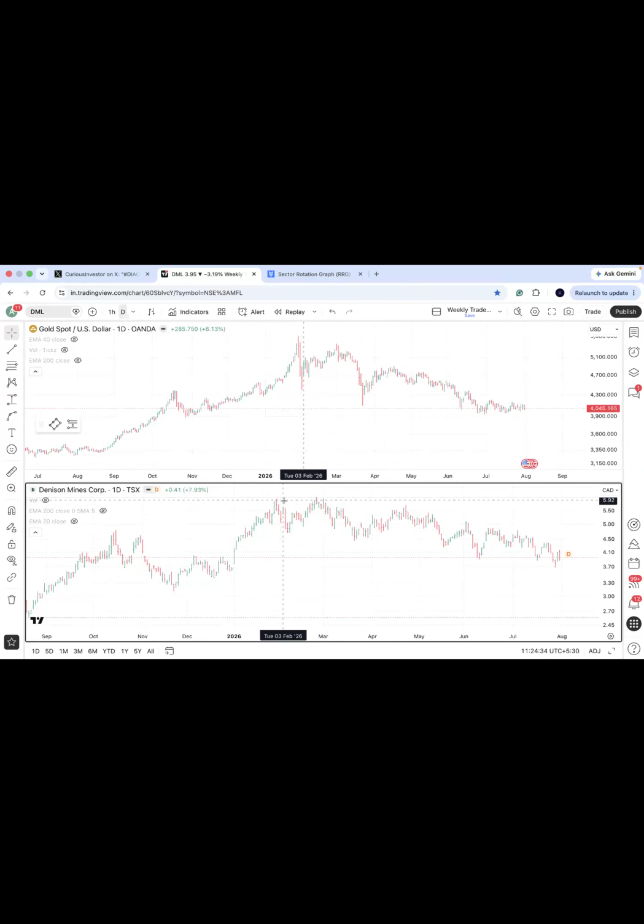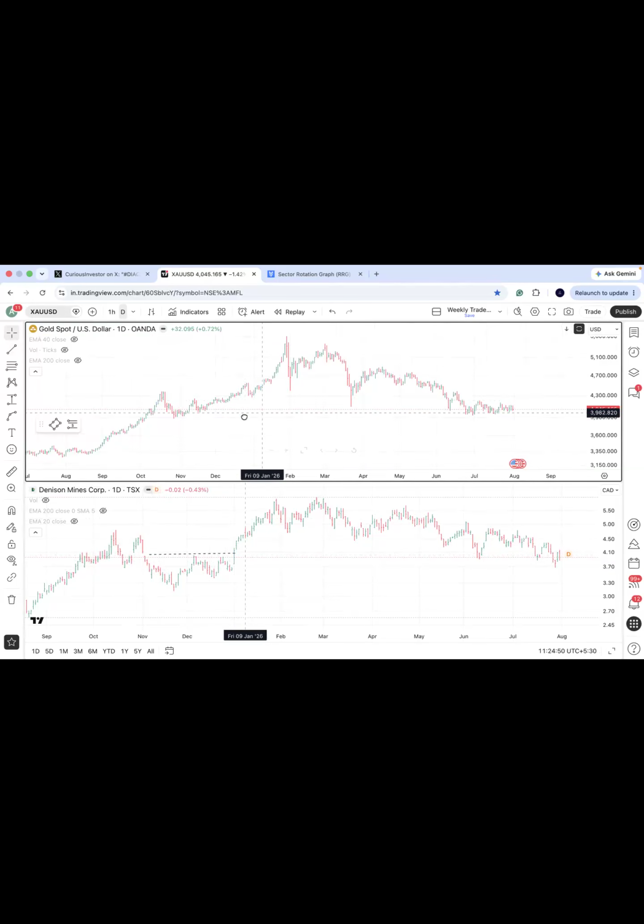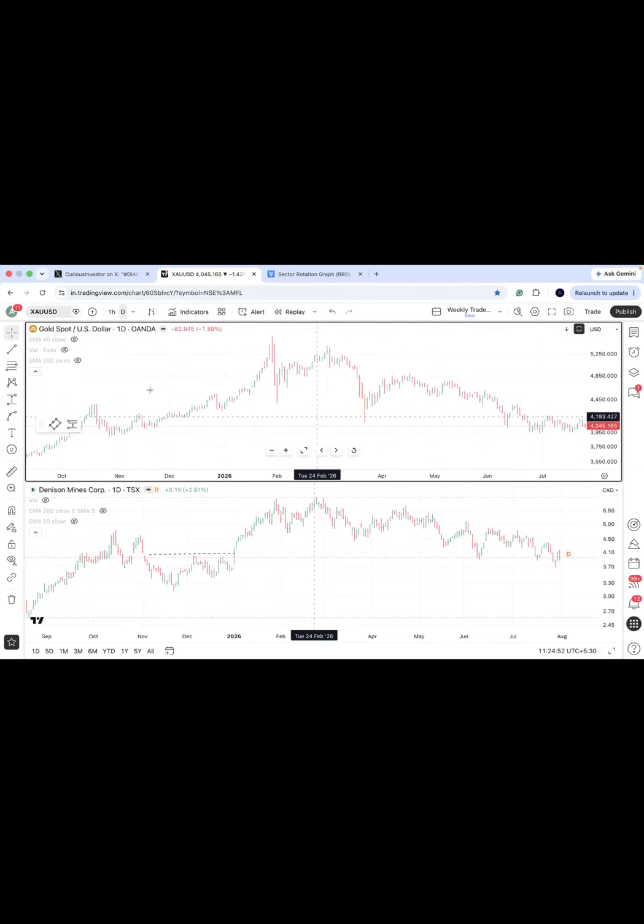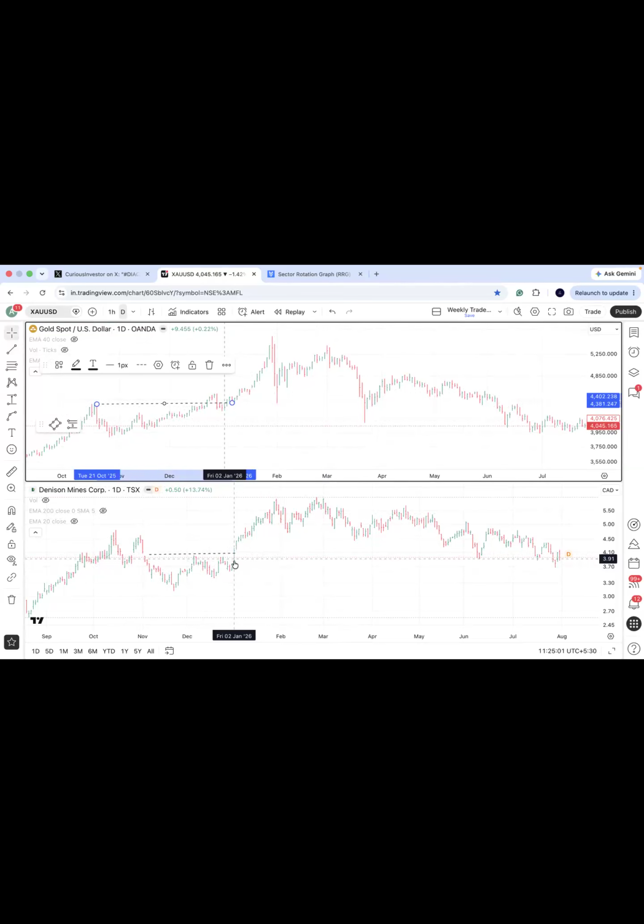There is a particular index for it. On the chart, we can see the miners were consolidating, and on 2nd Jan, they started moving to the upside. Gold was just retesting this particular breakout. On 2nd Jan, the miners broke out first, where we can see an ascending triangle breakout.